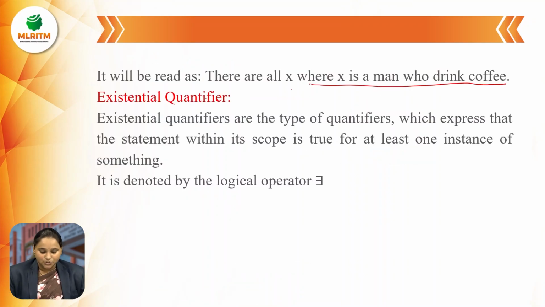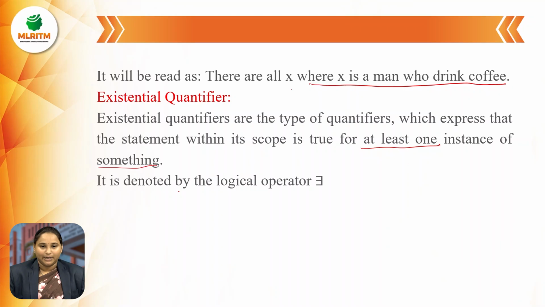Next, the existential quantifier. In this we are representing the range as someone, at least one, or some people. Existential quantifiers are the type of quantifiers which express that the statement within its scope is true for at least one instance of something, at least one or someone.